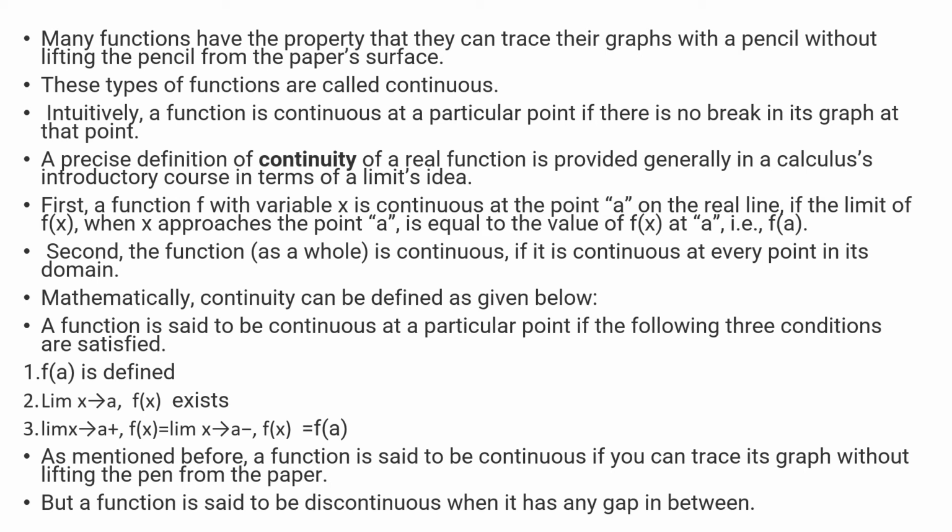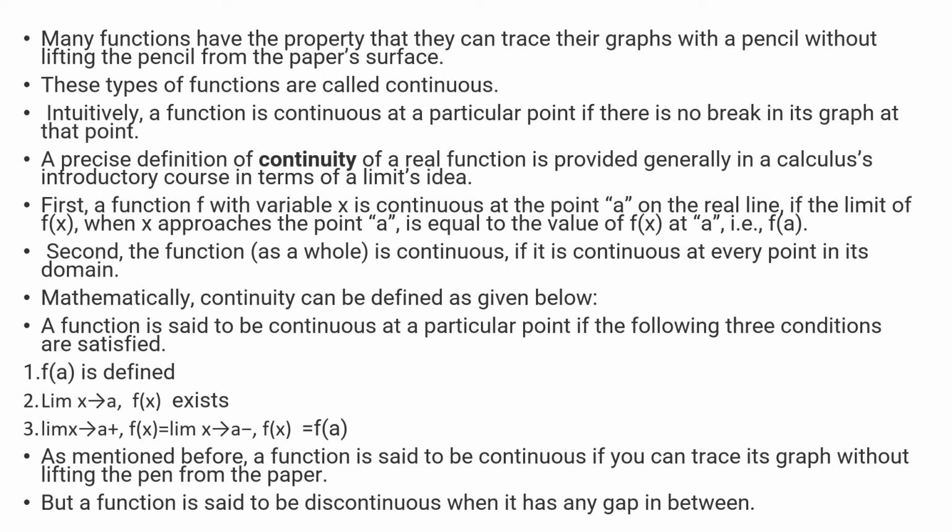So if the function is continuous, that means that you can join every point of that particular function. So you can define continuity by taking into consideration the three conditions which you have to satisfy, and you have to check every function with respect to these conditions to see whether it is continuous or not.